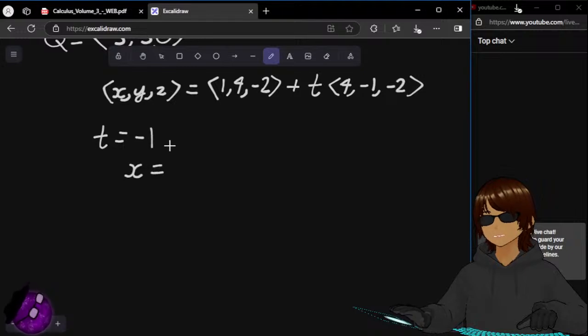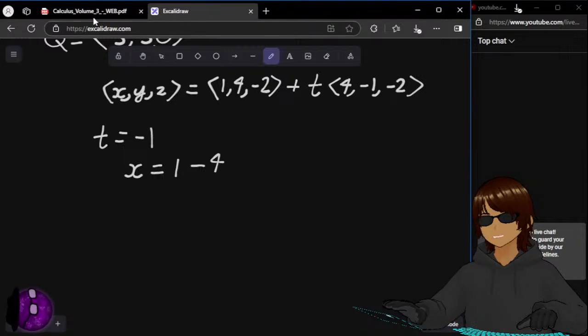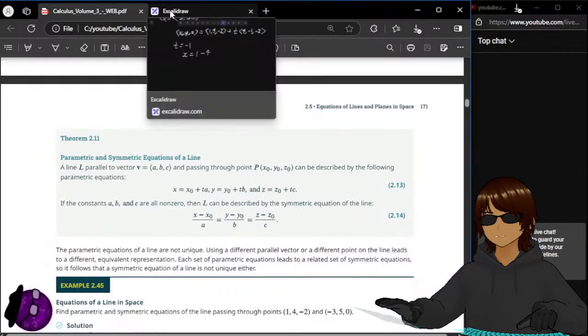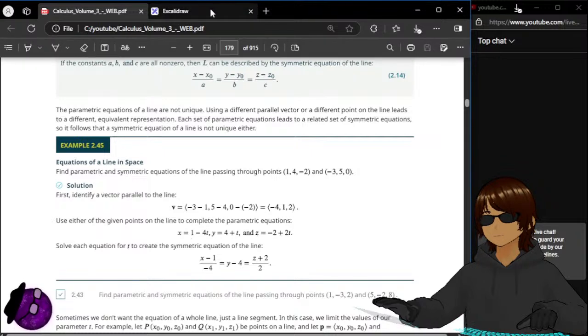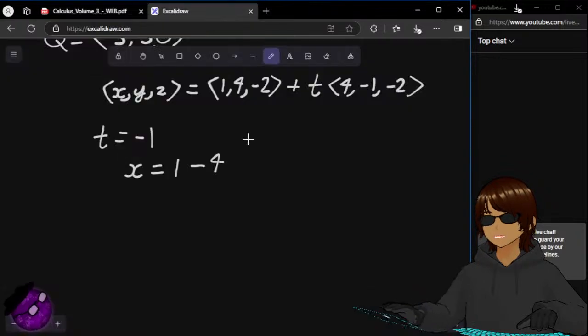So x is 1 plus, minus 4. So 1 minus 4. Is that correct? Hold on, let me just see the solution. 1 minus 4t.